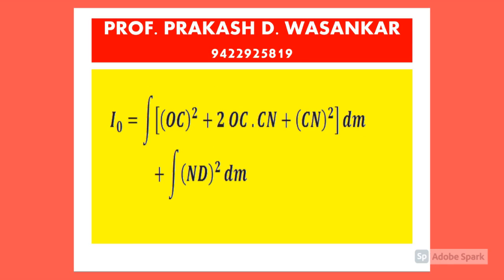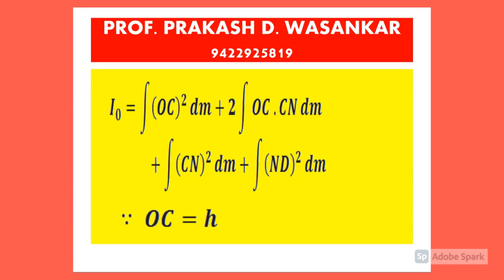Here we use the formula (a plus b) whole square equals a square plus 2ab plus b square. Similarly, (OC plus CN) whole square equals OC square plus 2 OC into CN plus CN square, into dm, plus integration ND square into dm as it is.